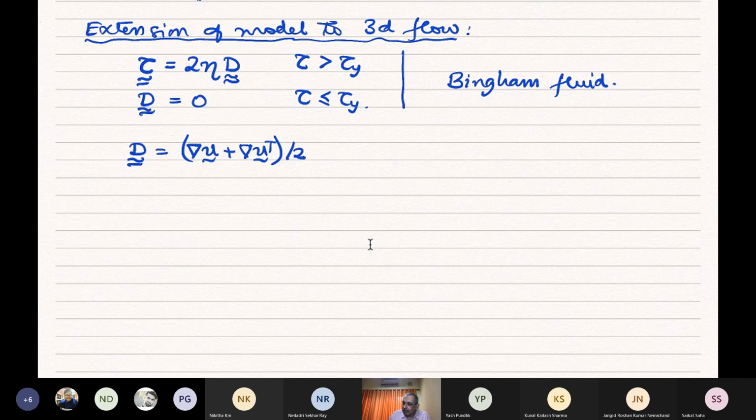So wherever D is 0, that means that there is no flow. There's no deformation, so no flow. Of course, over here, tau is the magnitude of the shear stress, and it's defined as just the tensor tau double dotted with itself and then divided by 2 raised to the power of half. So this is the definition of tau.